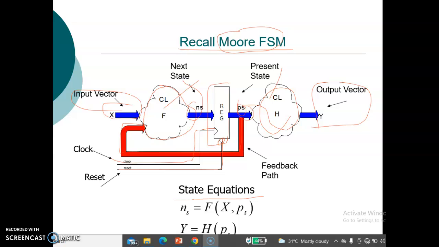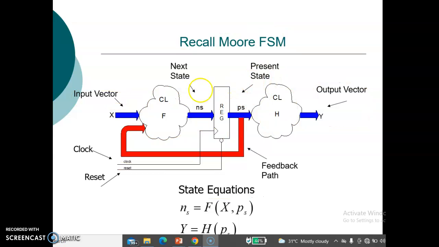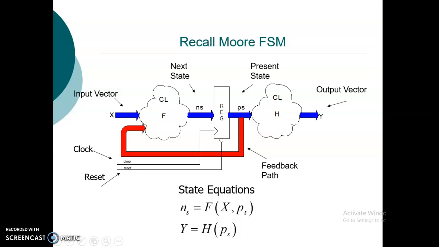Okay, state equations. Next state equal to what here coming? This function coming, no? Here what will go doing process, this will come out. Am I correct? So what function?